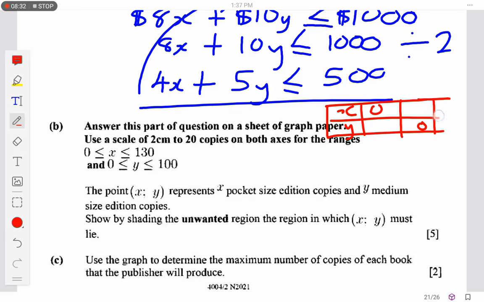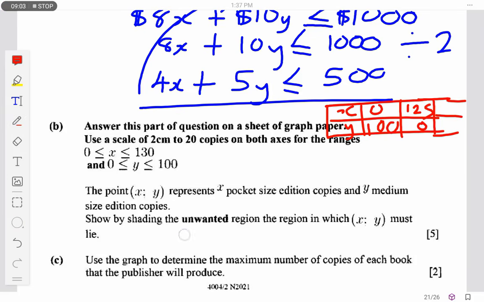So when x is 0, this becomes 0 there, so my y is going to be 500 divided by 5. That will be 100. Then when my y is 0, this one is 0, it's going to be now 500 divided by 4. That will be 125 here. So I have 0, 100, and 125, 0 there.